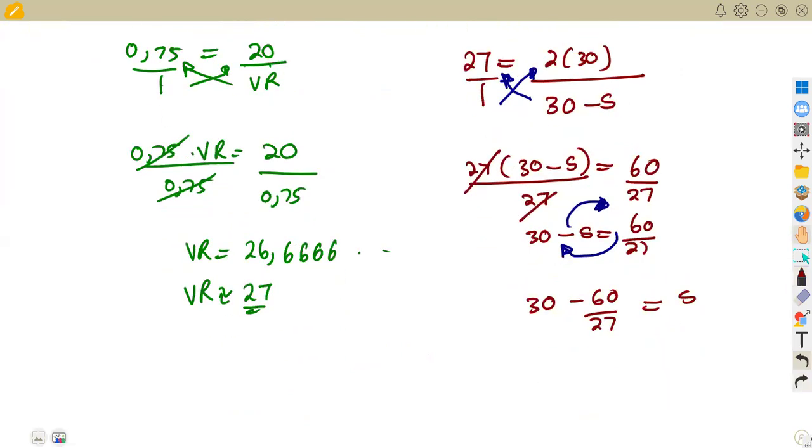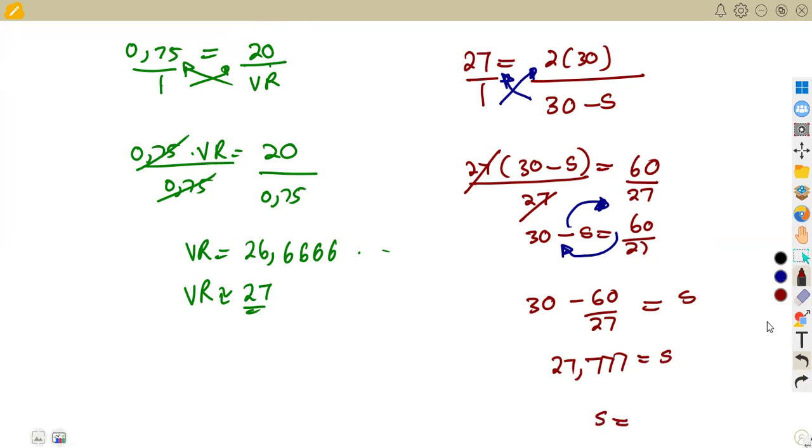So we are simply going to evaluate this, which, if we simplify properly, is going to give us 27.777, which is approximately this one, equal to S.